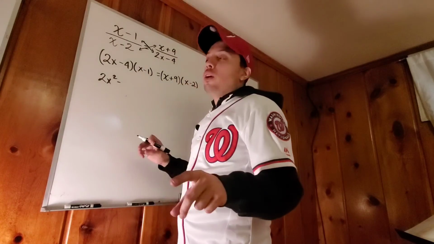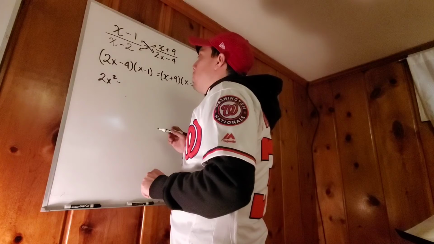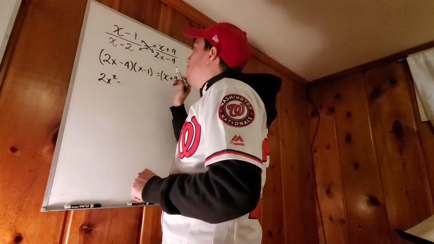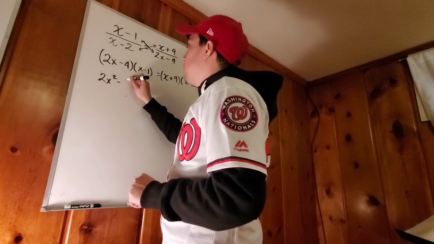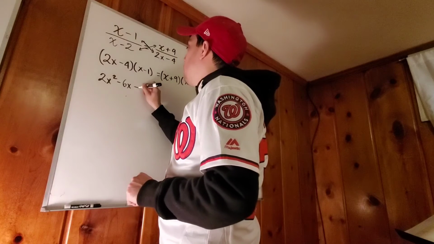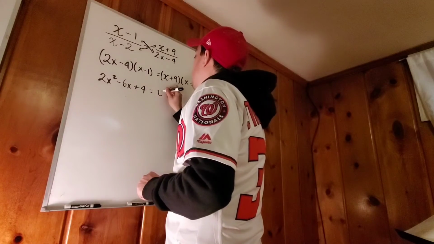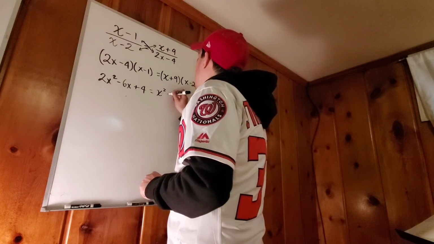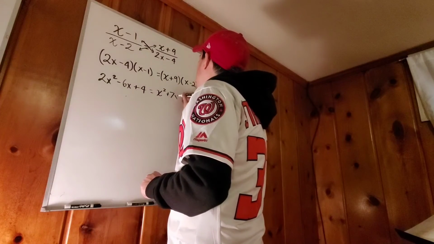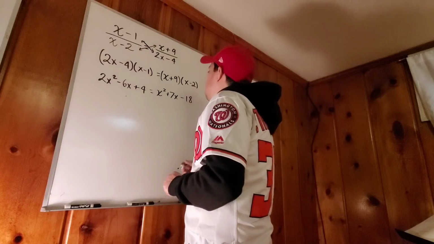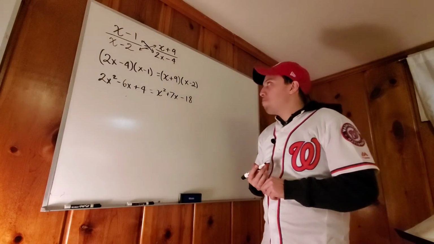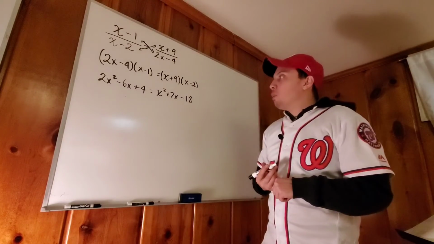You have to become really good at FOIL, and then I make a mistake. It's going to be minus 6x plus 4 equals, this one's way easier, x squared plus 7x minus 18. Okay? That's what it was going to be.